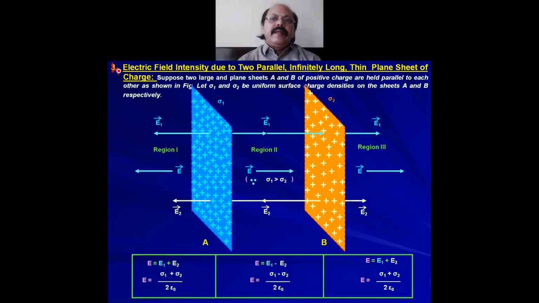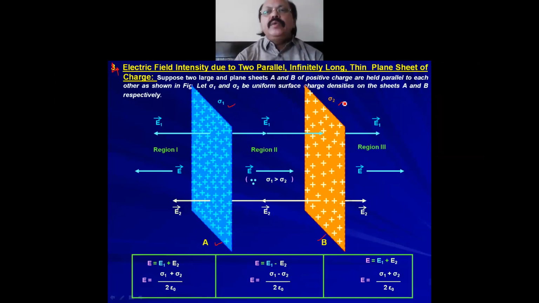in three regions. You see in the diagram, we are taking two infinitely long thin plane sheets of charge, say A and B, having the surface charge densities sigma 1 and sigma 2.